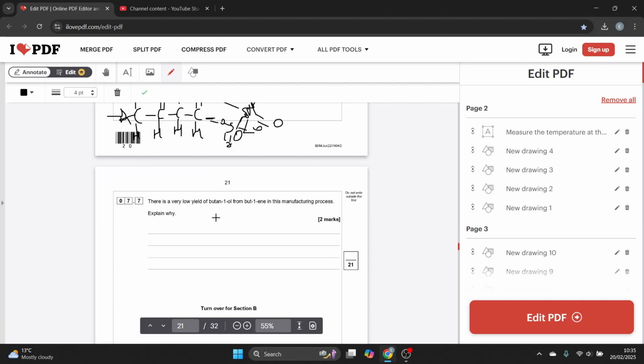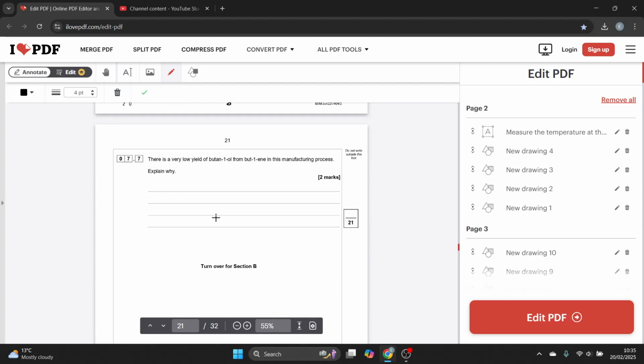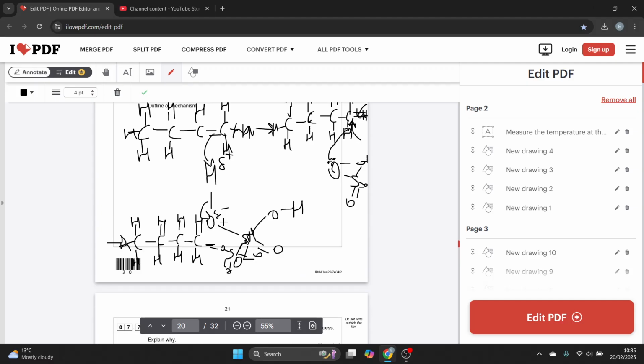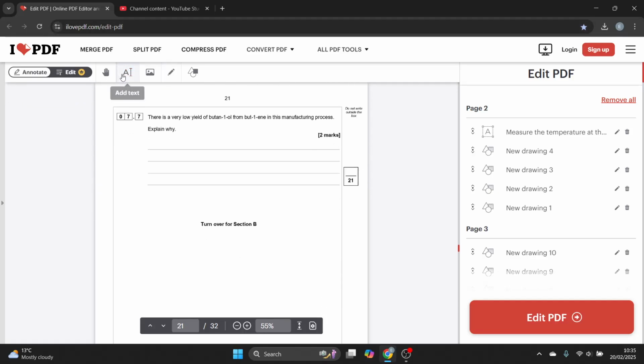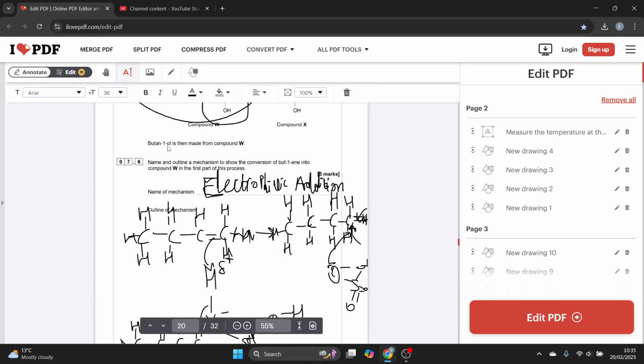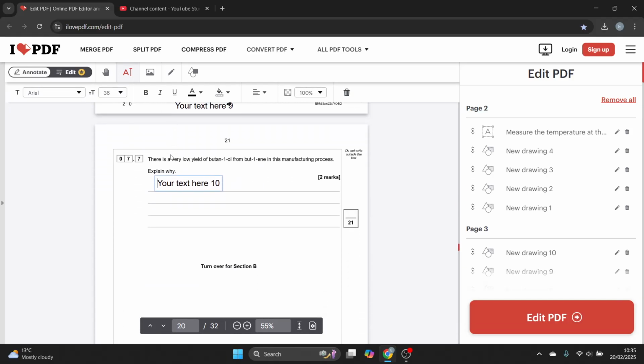There's a very low yield of butan-1-ol from but-1-ene in this manufacturing process. Explain why.